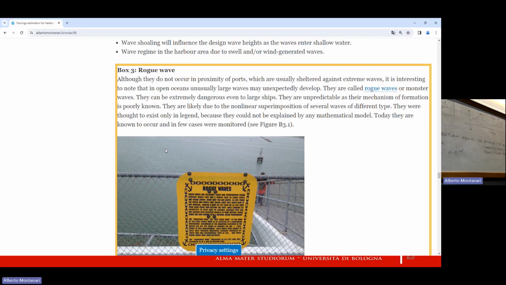These phenomena are not completely understood. So it may happen sometimes that in an ocean that has significant wave motion, but not really alarming, you get a single wave that is much larger than the other ones. And often it results from the nonlinear composition of several trains of waves. It is really a phenomenon that is concerning because it may cause risk also for very large ships.